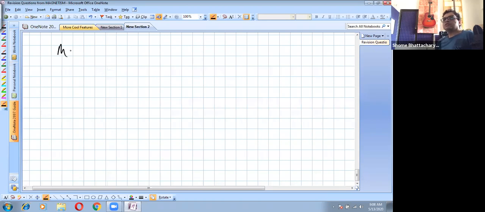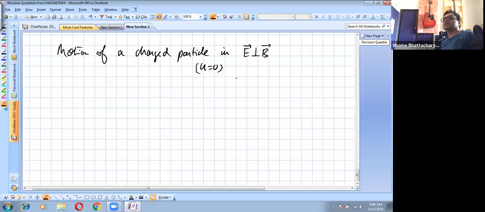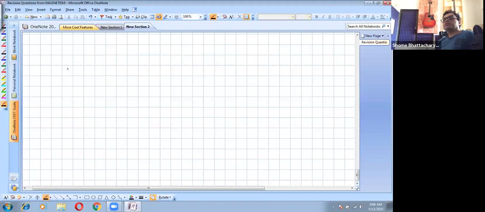So, motion of a charge in a uniform electric field perpendicular to a magnetic field, and initial velocity is 0. So if we take the general case over here, suppose we have a situation where we have the magnetic field coming out of the plane.